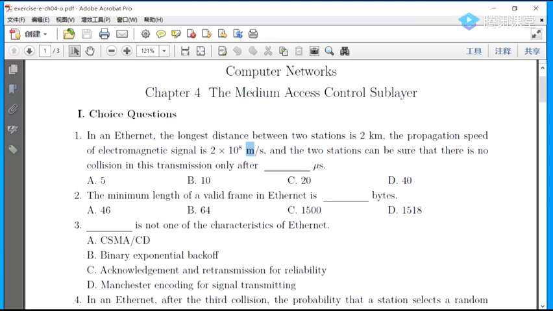And the two stations can be sure that there is no collision in this transmission only after what time point?